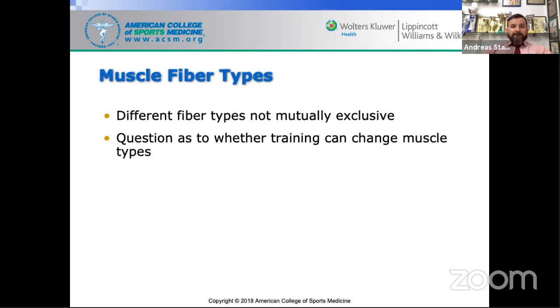All right, muscle fiber types. We have all muscle fiber types in the same muscle. Okay, and that's why we can do a variety of activities based on the needs we have. That will make sense in a little bit.